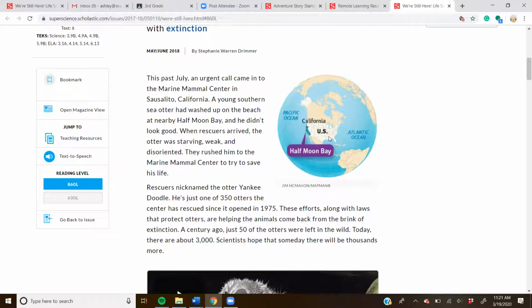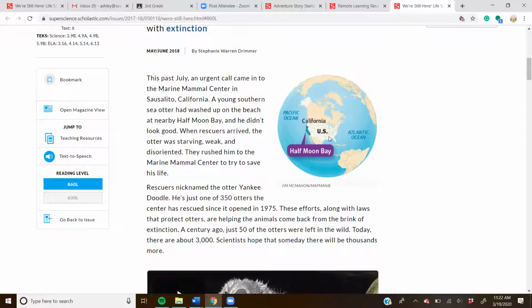A young southern sea otter had washed up onto a beach at nearby Half Moon Bay, and it didn't look good. The rescuers arrived. The otter was starving, weak, and disoriented. They rushed him to the Marine Mammal Center to try to save his life.